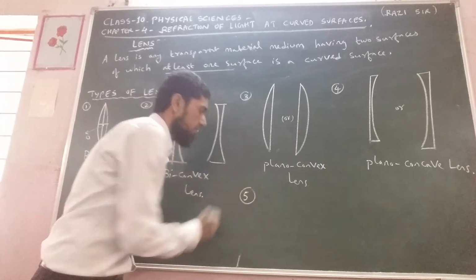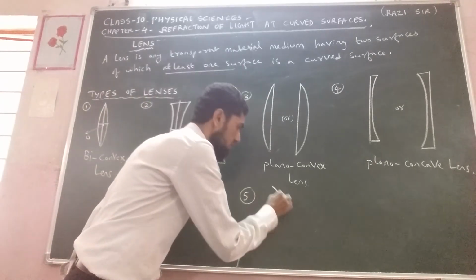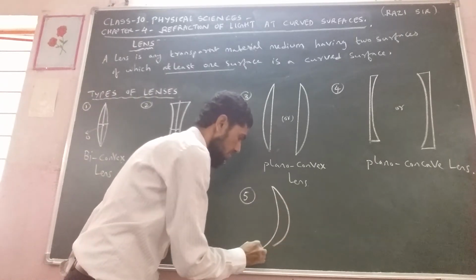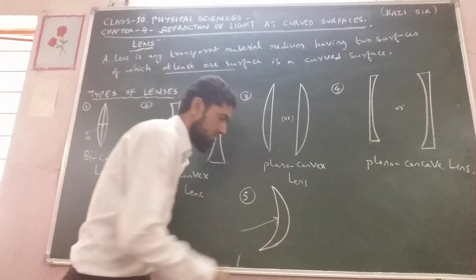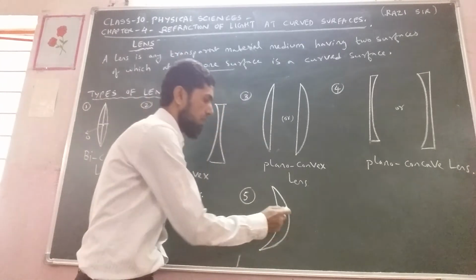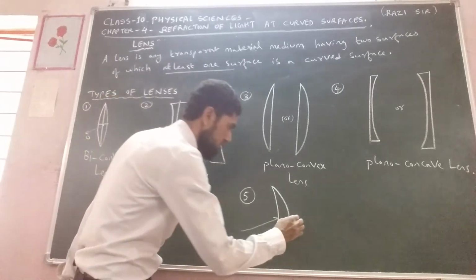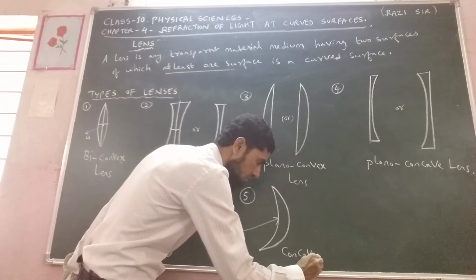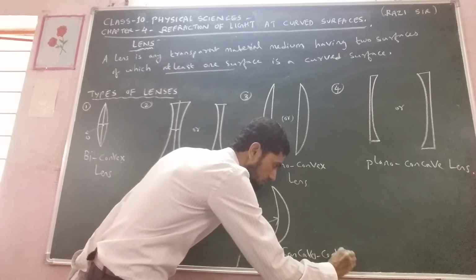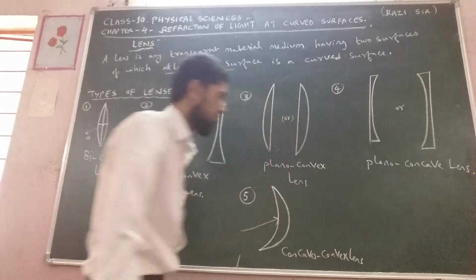Similarly, we can have two more types of lenses. The fifth one is a lens of this kind. First we start from the left. What is the surface? Concave, and to the right we have a convex. So this one is a concavo-convex lens.